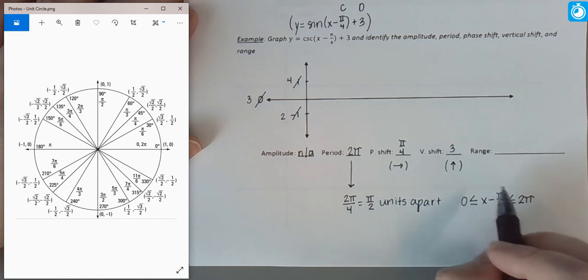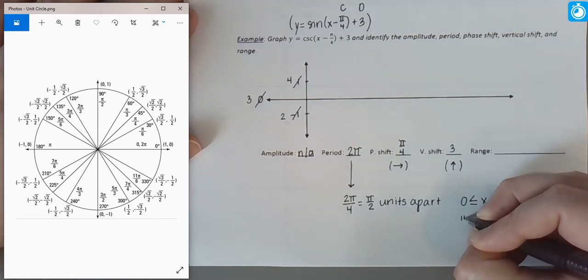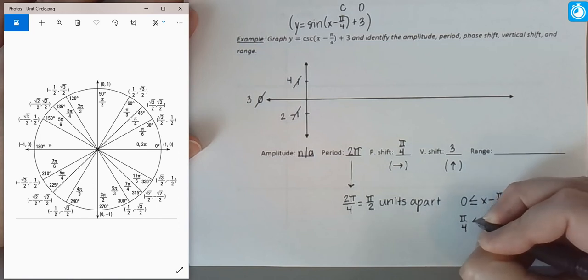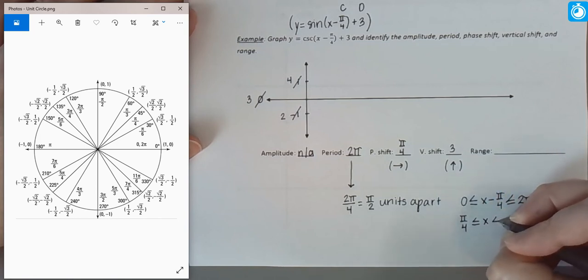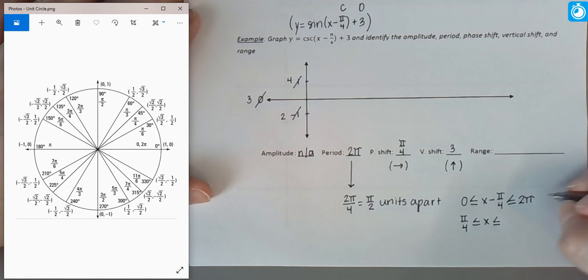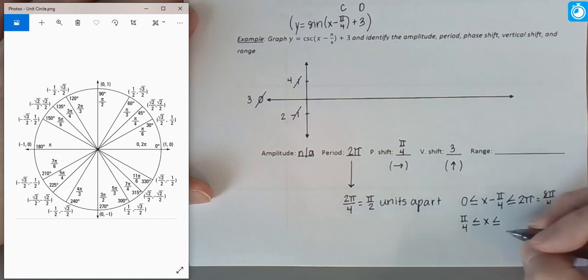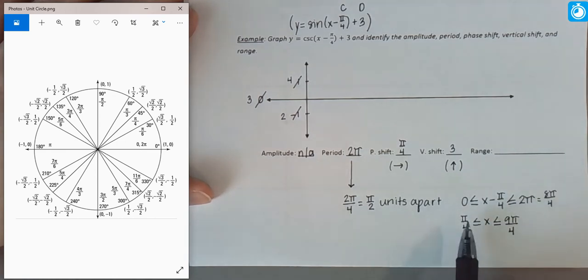Okay. Add pi over 4 to both of these endpoints. So that means pi over 4 is less than or equal to x. We can write 2 pi as 8 pi over 4. And so when we add pi over 4, that's going to take us to 9 pi over 4.